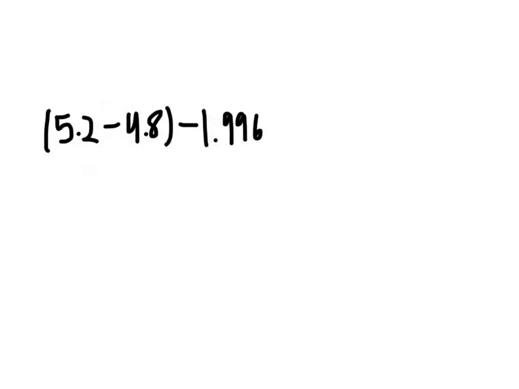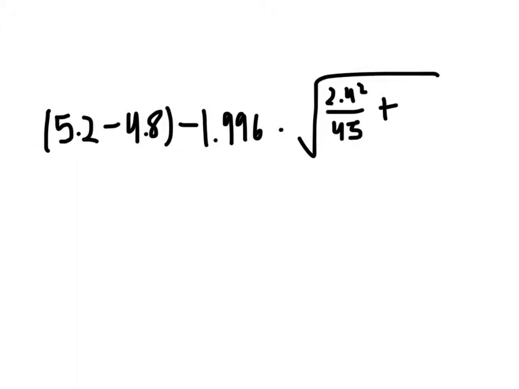Alrighty, so now we will go about plugging this into our equation. So we can start by taking that first mean. If you remember our first equation that we wrote, we have our first mean minus our second mean, the first day minus second day, minus that test value, 1.996, and then we're going to multiply it by the square root of s1 squared over n1, so we can put in 2.4 squared over 45 plus 1.2 squared over 40.